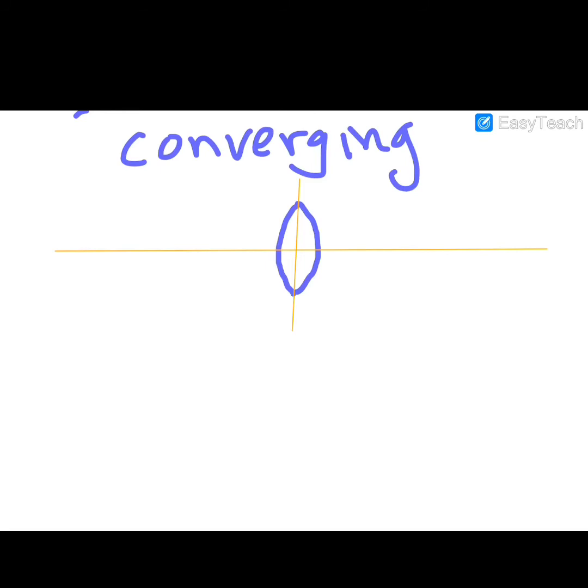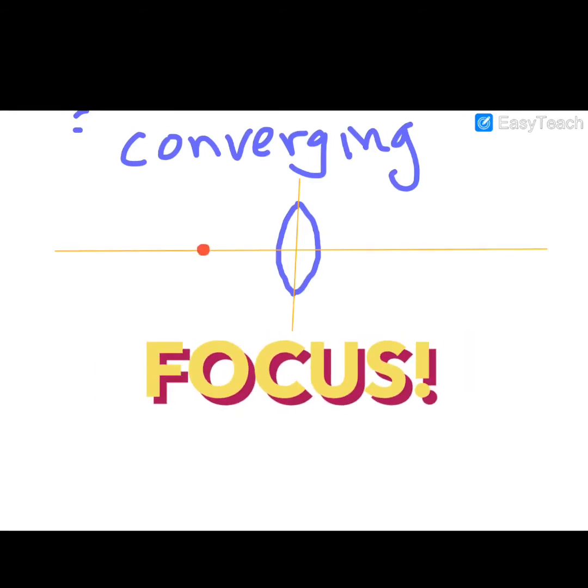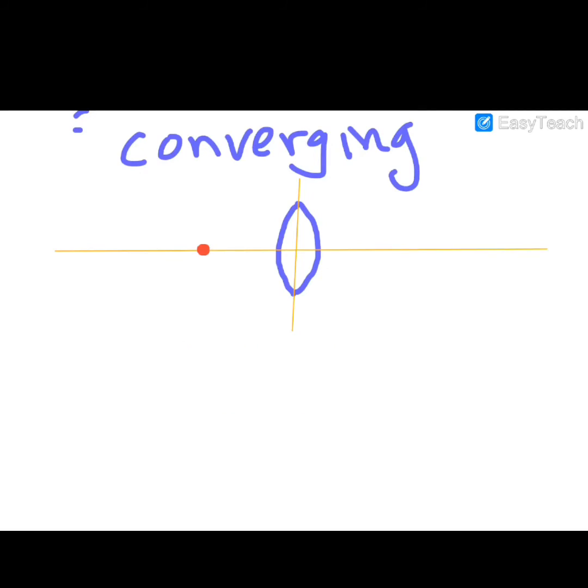The principal axis really means the same sort of thing that it did when we talked about mirrors. Our principal axis is going to be where we identify the landmarks for our lens and our lens problem. You'll recall from mirrors that we define our mirror through a focus. Well, the same thing is true for our lenses. A converging lens may have a focus here.